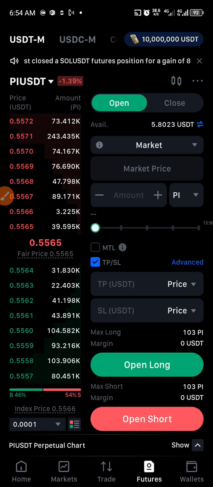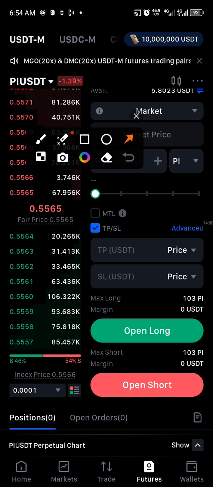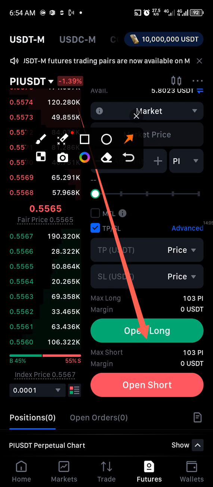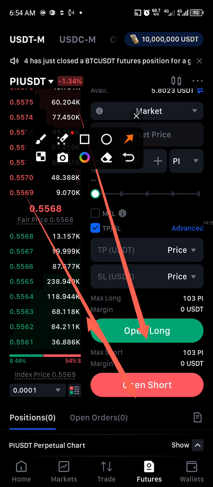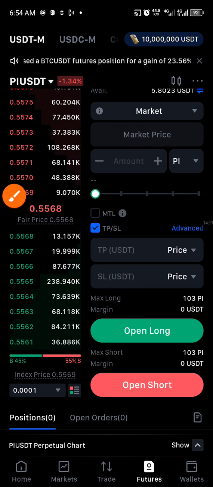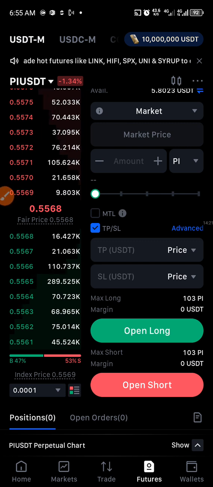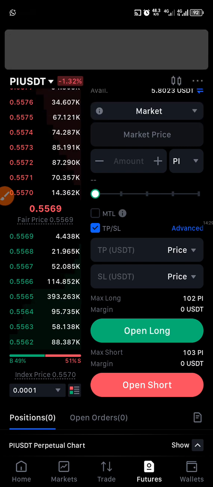If you check downward here, you see open long, you will see open short. Long in trading means you are forecasting that the coin is going to increase, that is, the price is going to increase.